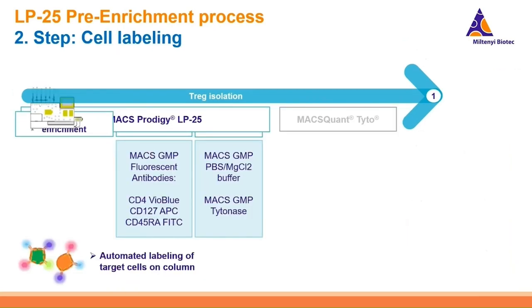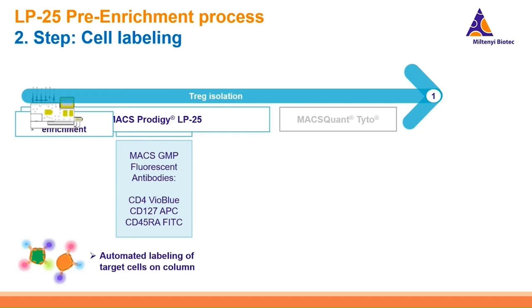So the next step would be the labeling with MACS GMP fluorescent antibodies. And please keep in mind that all of these steps are automated. And after that, also the cells will be released into MACS GMP buffer to go on with the sorting process.